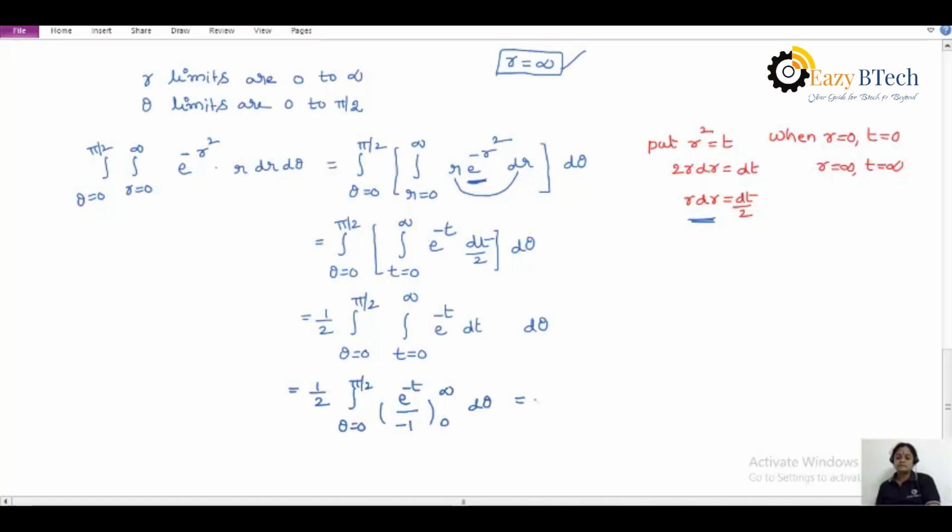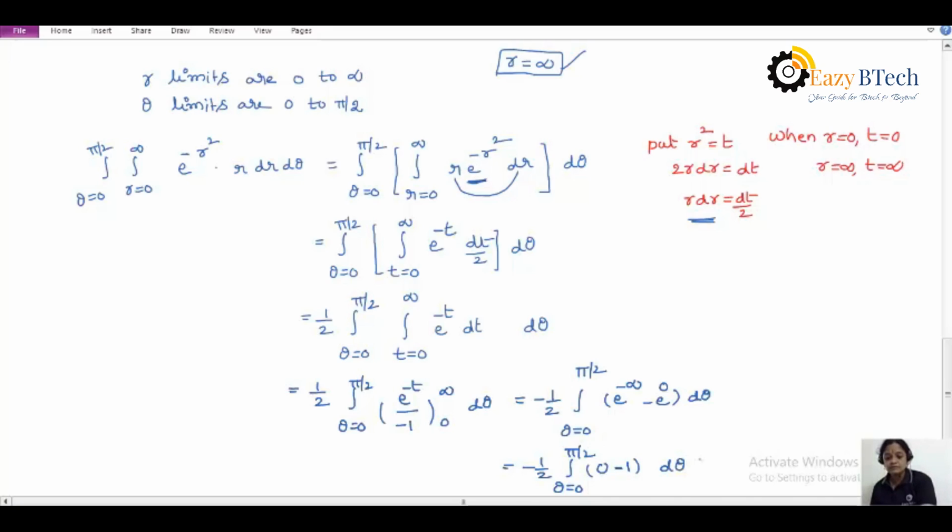Then the minus, minus 1 by 2 integral theta is 0 to pi by 2, e power minus infinity minus e power 0, upper limit minus lower limit. Minus 1 by 2 integral theta 0 to pi by 2, e power minus infinity is 0 and e power 0 is 1, into d theta.